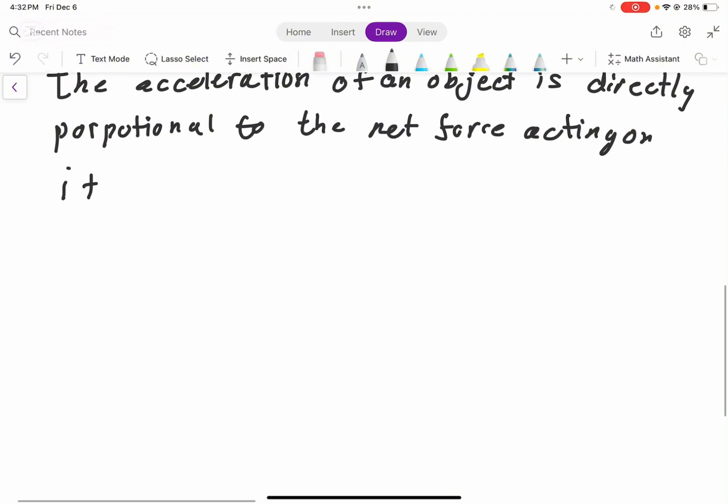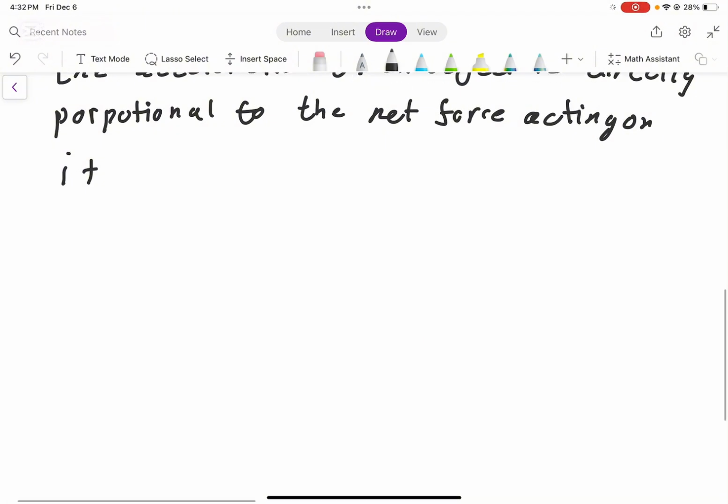So, for example, let's say you're pushing a light box versus when you're pushing a heavy box. You can maybe apply the same force on the boxes, but the acceleration of them will be different.